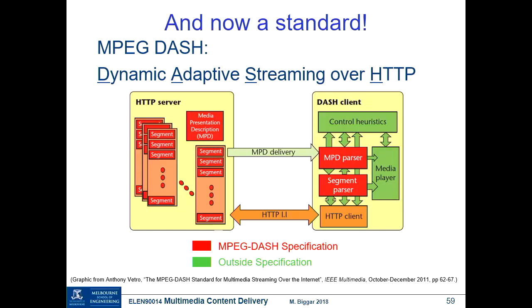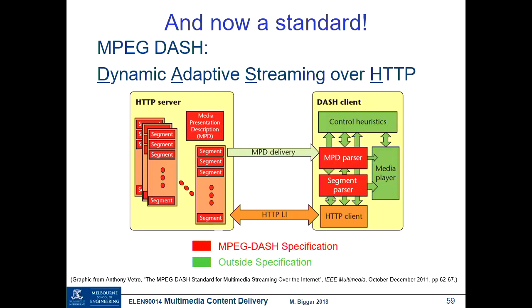It's not a matter of compatible protocols between a client and server, but it does define how you parse the MPD. What's the term? It's the term that DASH uses for the manifest. Oh yeah, thank you. Media presentation description. Yeah, that's the manifest.